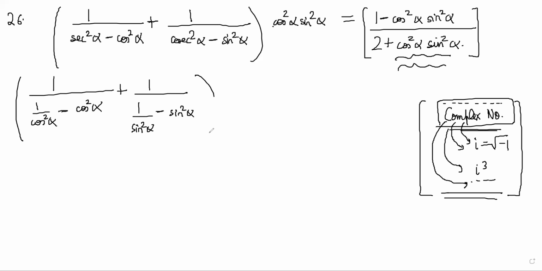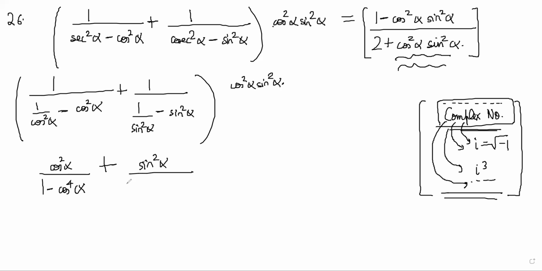And on multiplication here, you have cos square and sine square, right? So on top, when we do the fraction, we get cos square alpha by 1 minus cos power 4 alpha, plus sine square alpha by 1 minus sine power 4 alpha. Okay. And multiplication, we have cos square and sine square alpha, right?